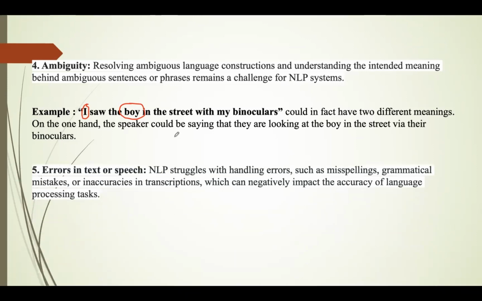And the next one is errors in speech or text. Simple errors in speech or text can lead to challenges for speech to text applications. A common example is misuse of the words effect and defect. If I misuse the words like this, say effect, effect, a small error, it struggles with handling errors like misspellings.